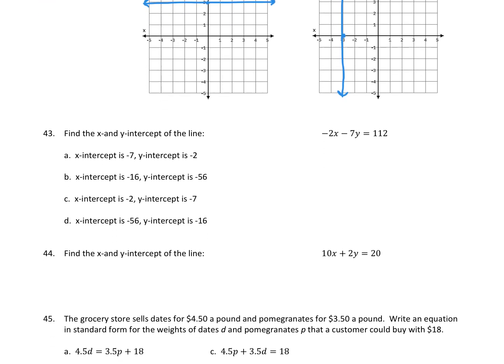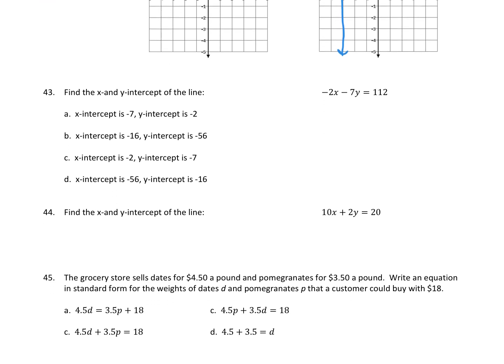All right, number 43, finding the x and y intercept of a line. The x-intercept we find by plugging in a 0 for the y and solving for x. So -2x minus 7 times 0 equals 112.